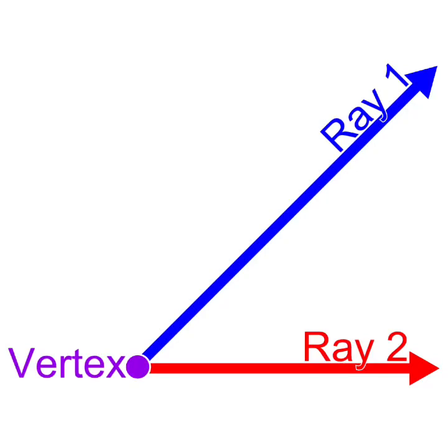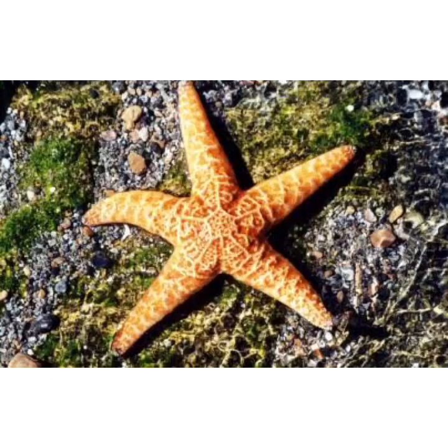Children, as other geometrical figures, angles can also be found in nature as well as our real lives. So let's see where angles are found in nature. Children, you can see this starfish. This starfish also has angles.